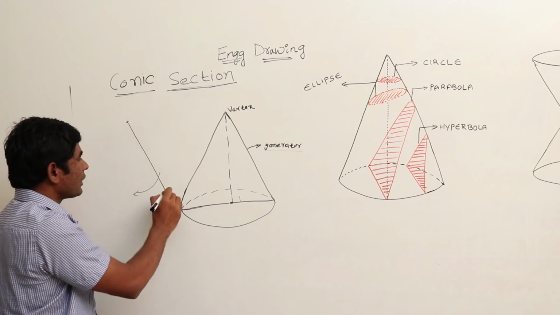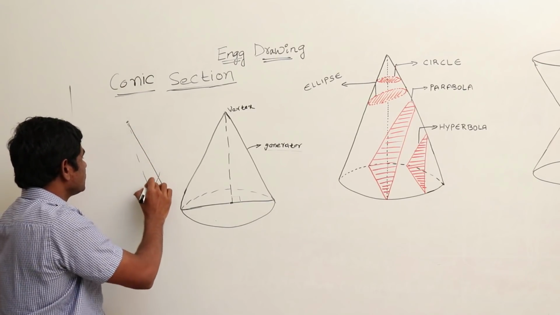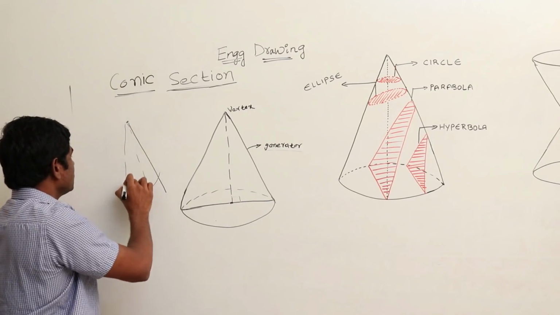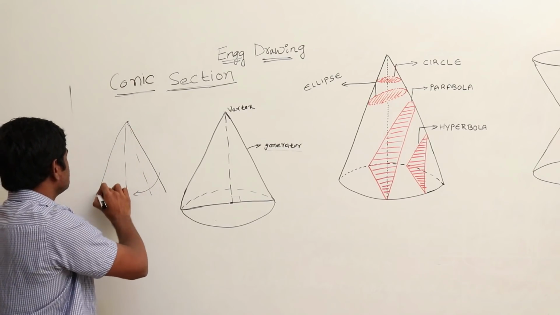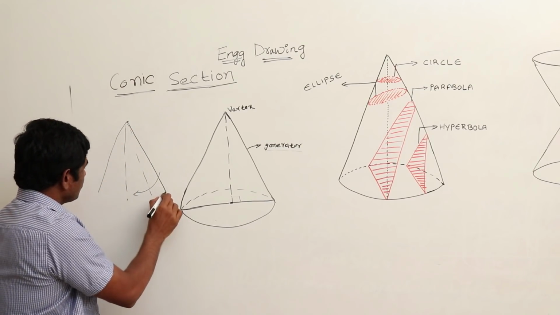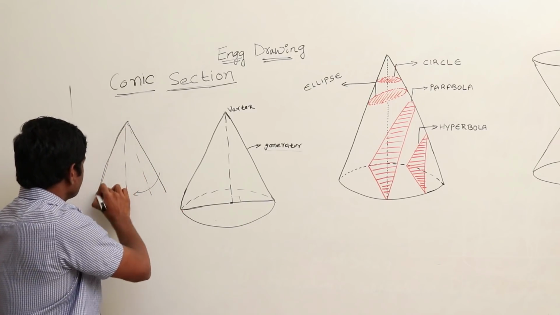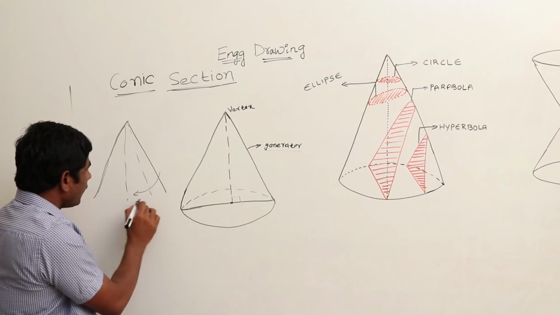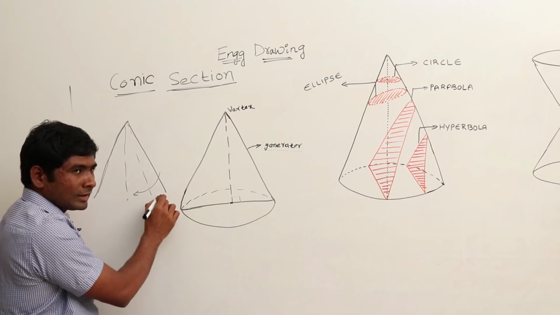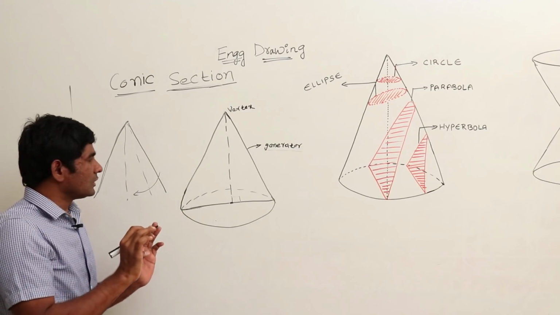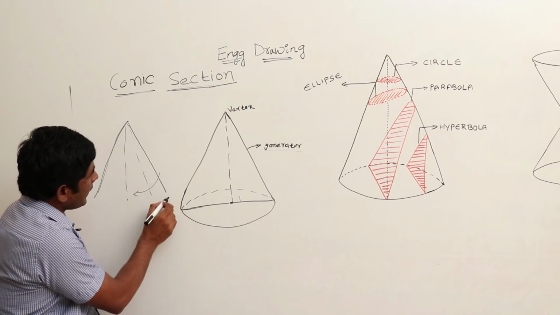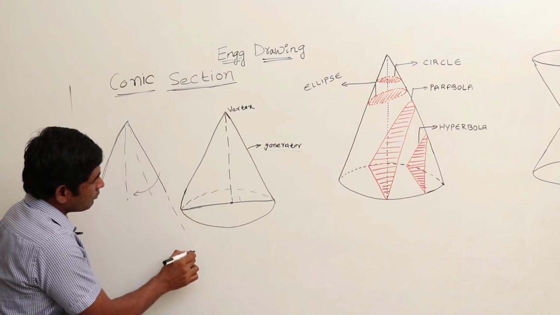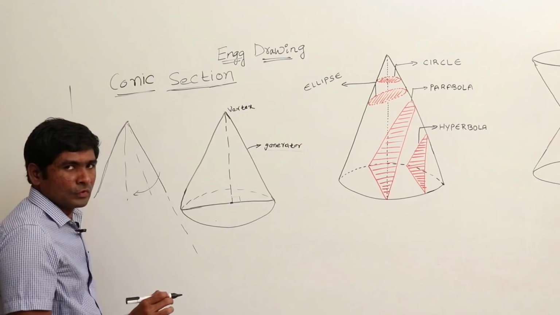So in the process, what happens? In this case, it came like this, and here it came like this, and it reached this point. And when it is rotating here, it should cut a plane here. For example, if you don't take any finite length of the generator, then it can extend to any length up to infinity.